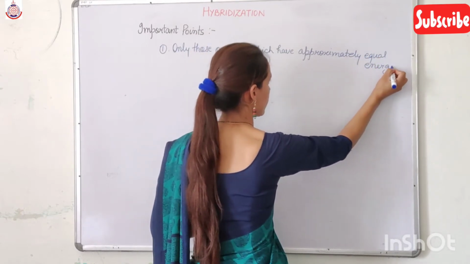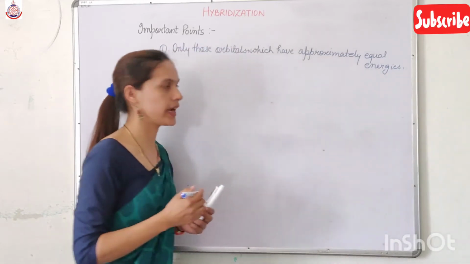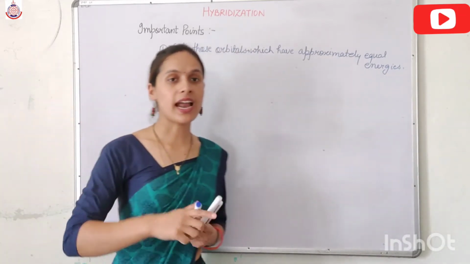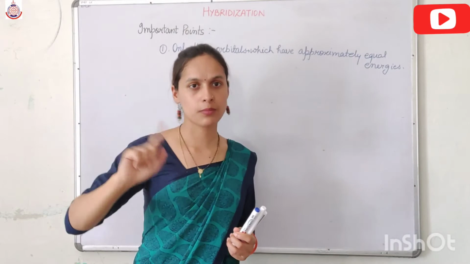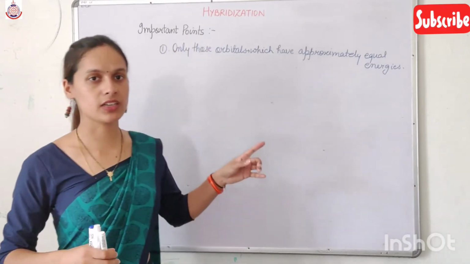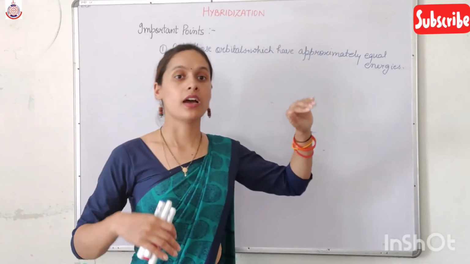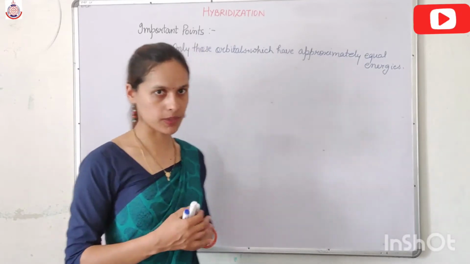This is the first point to keep in mind: 1s and 3p will not participate in hybridization because the energy of 1s is very different from that of 3p.